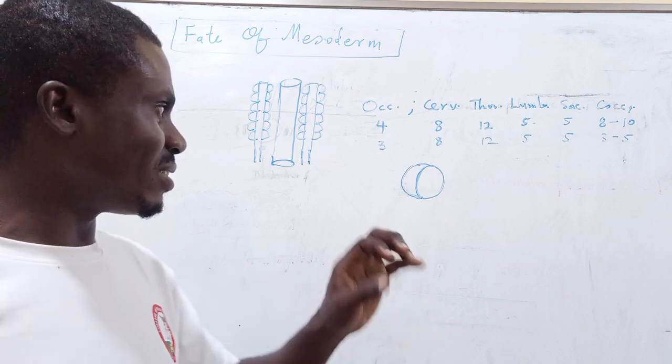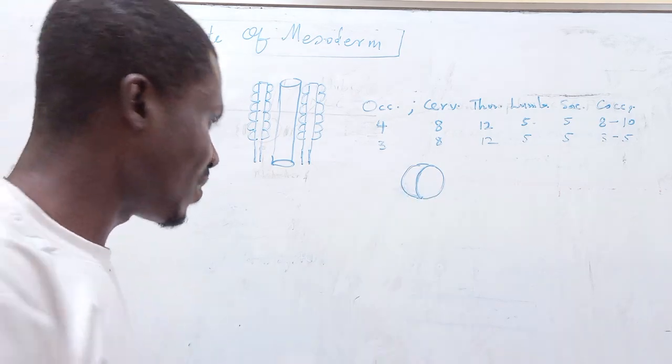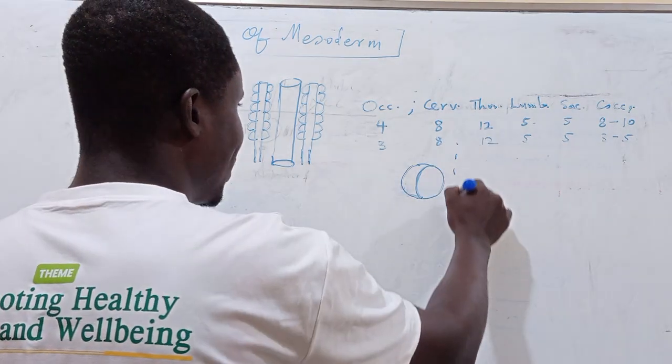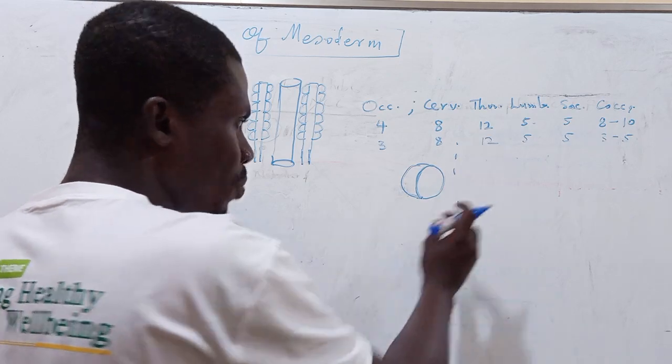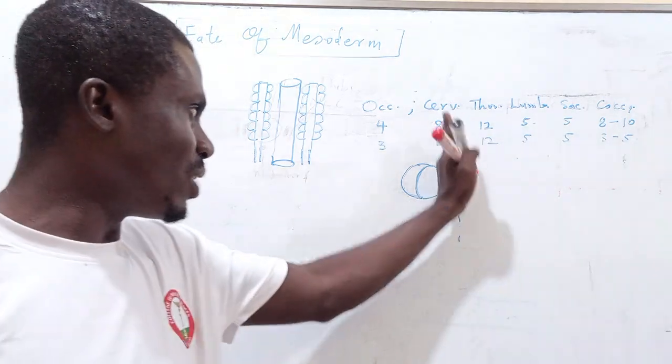Let me take it that this portion is toward the midline, so that we have the neural tube over here. So take it that this is the neural tube.